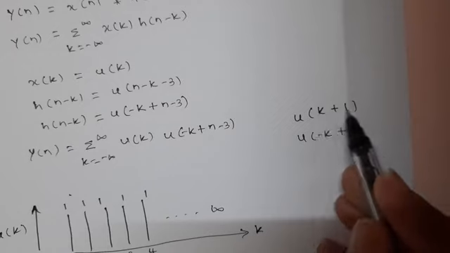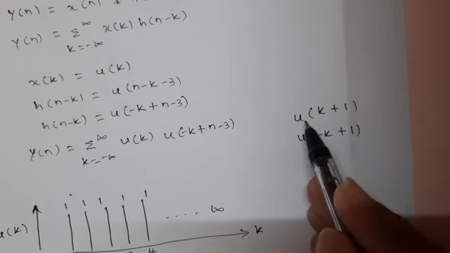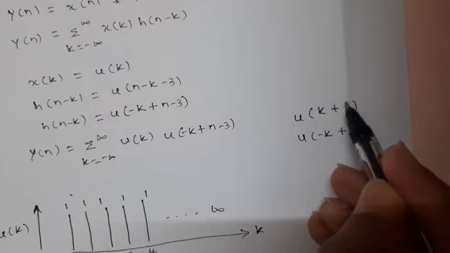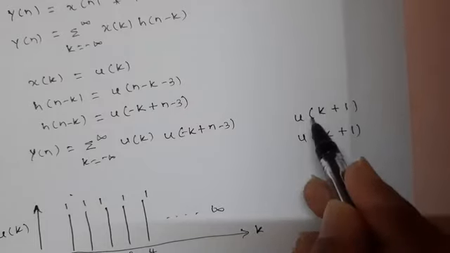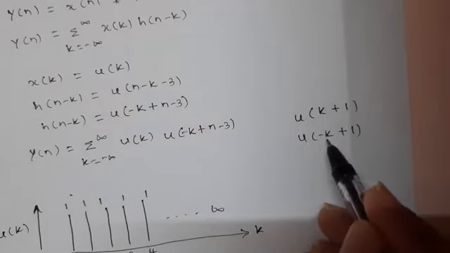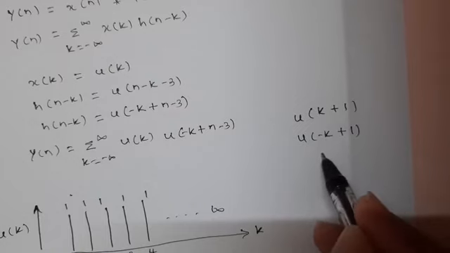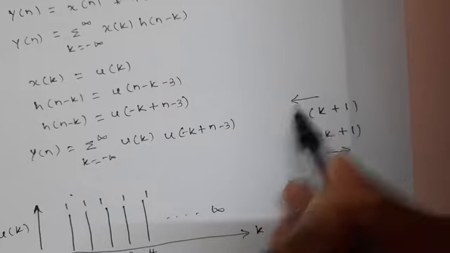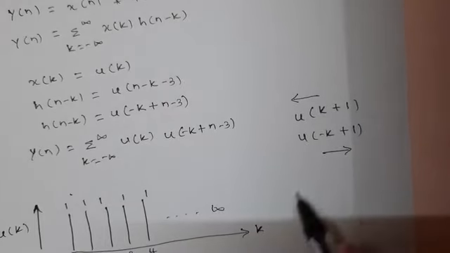u of k plus 1 means u of k shifted towards the left side. But when it is the reflected version of u of k, which is u of minus k plus 1, you have to shift towards the right. The concept becomes exactly opposite.